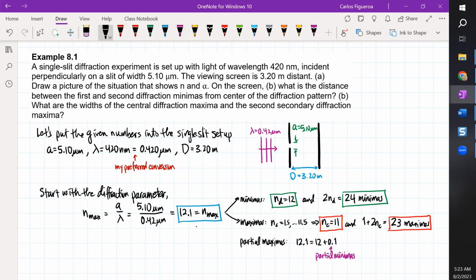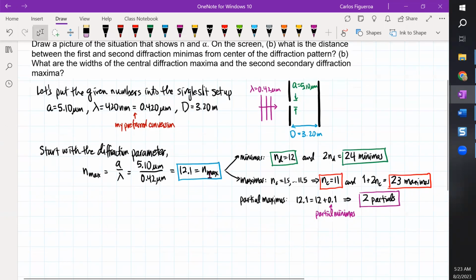So that tells us that I'm going to have two partials. So in reality, when we add all of these up, I have 24 minimas, and 23 maximas plus 2 partials.